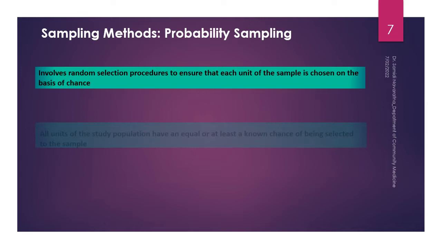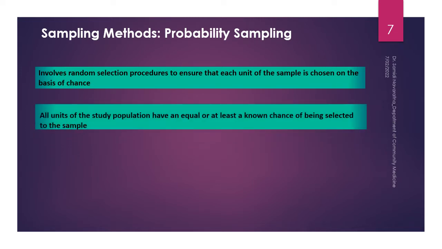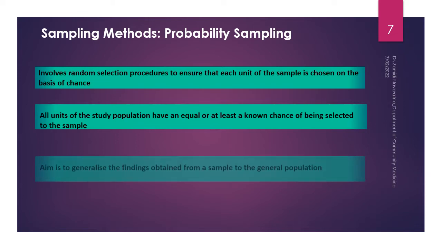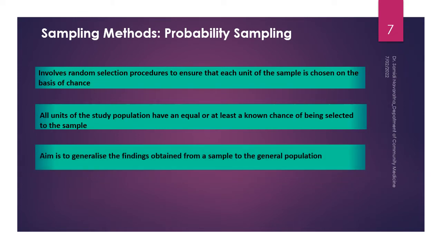Okay, and all units of the study population therefore have an equal or at least a known chance of being selected to the sample. So the aim of this type of sampling is to generalize the findings obtained from a sample to the general population.